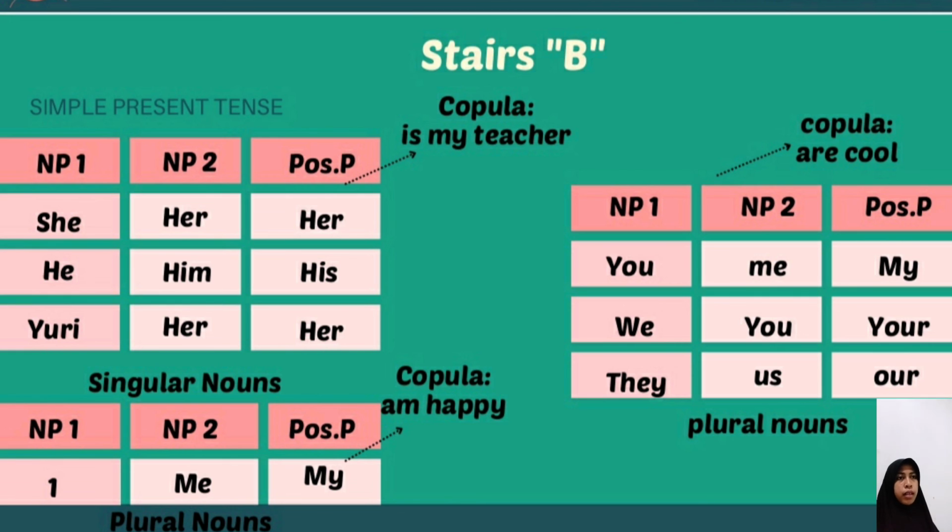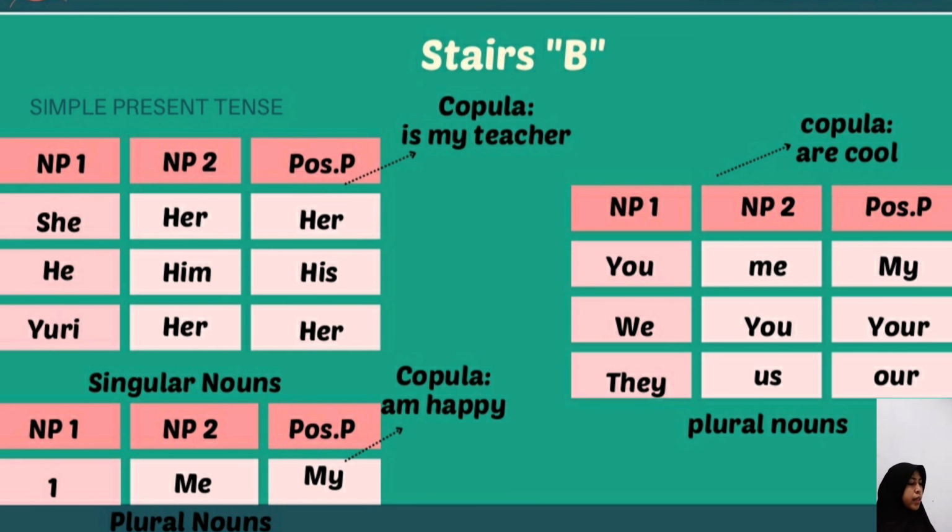In table 1, the auxiliary is has, and in table 2, the auxiliary is have. As for the steps: 1. Auxiliary, 2. Noun phrase NP1, 3. Complement, and 4. Adverb of MPT.